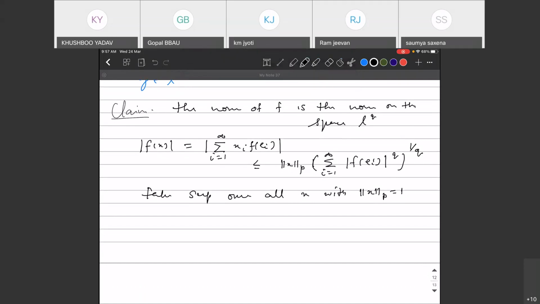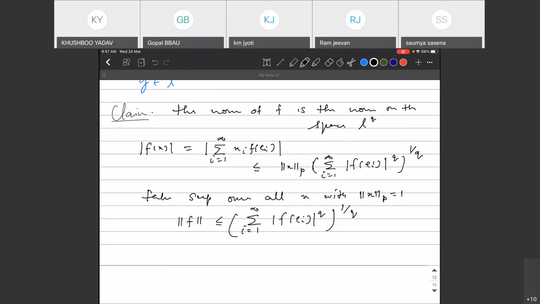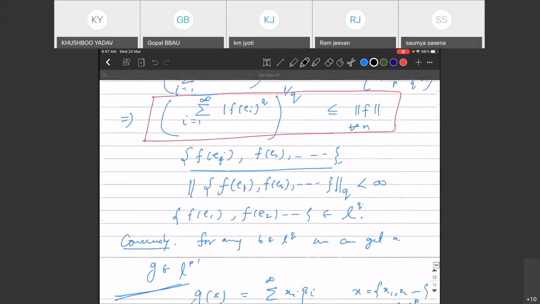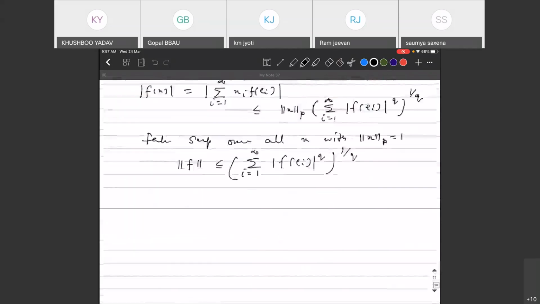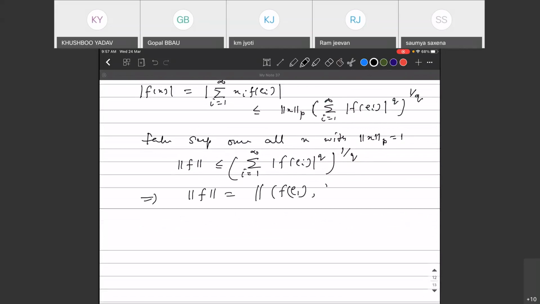Thus we obtain the norm of f is less than or equal to the sum from 1 to infinity of f(e_i) to the q, to the power 1 by q. But earlier we have already proven the other inequality. So using these two, we can say the norm of f is the norm of (f(e1), f(e2), and so on).